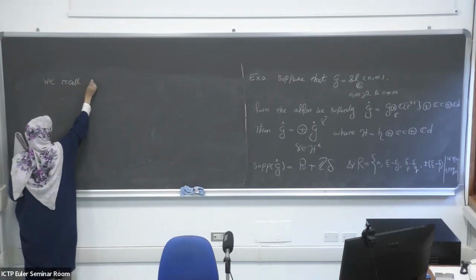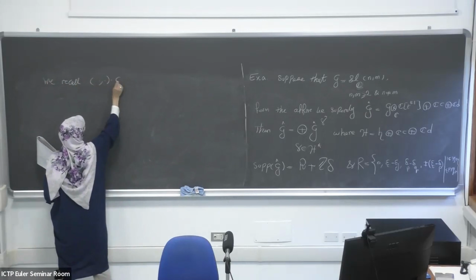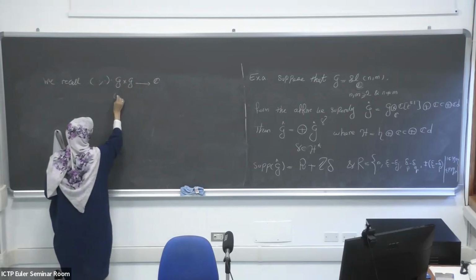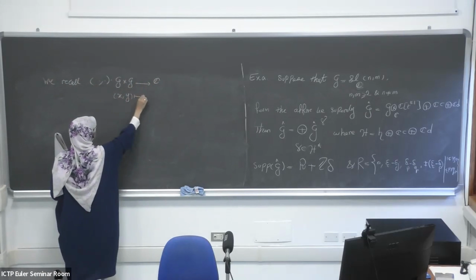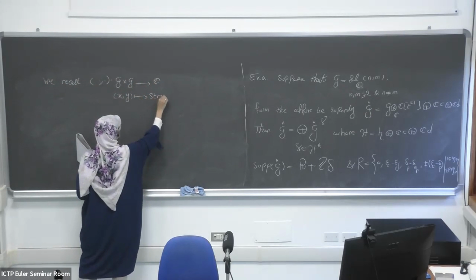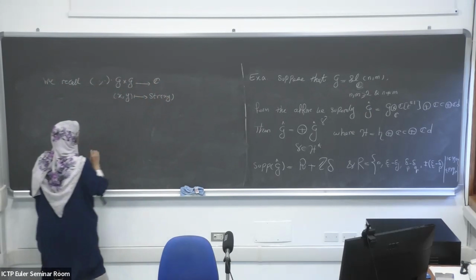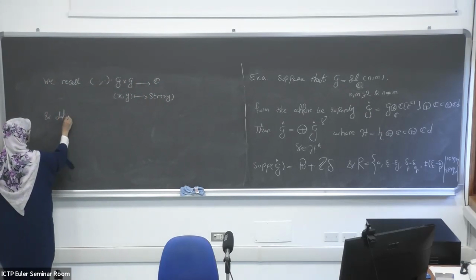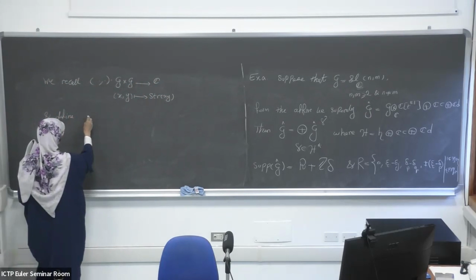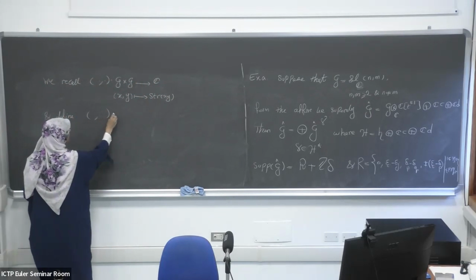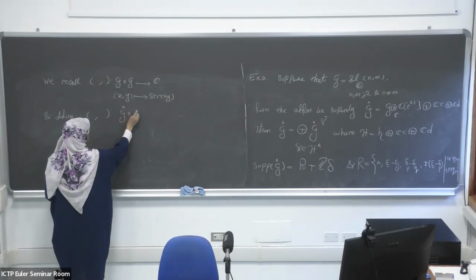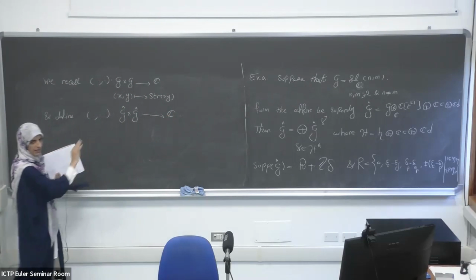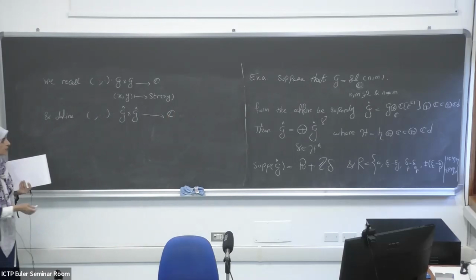Recall this bilinear form from G times G to C maps xy to the supertrace of xy, right? And we define this bilinear form from G hat times G hat to C. The definition is exactly as in the previous case, right?